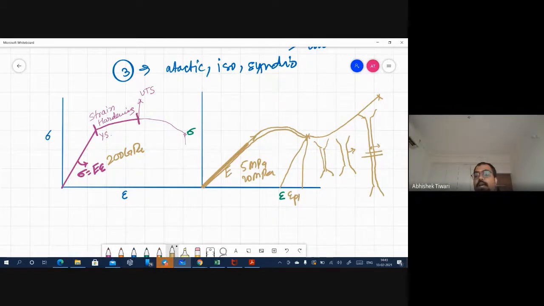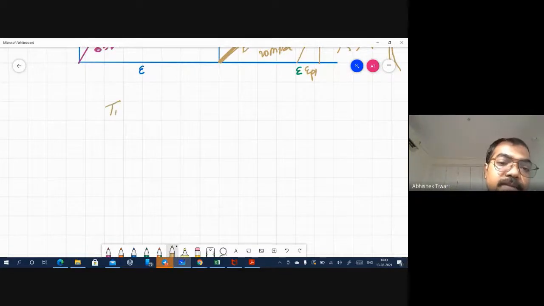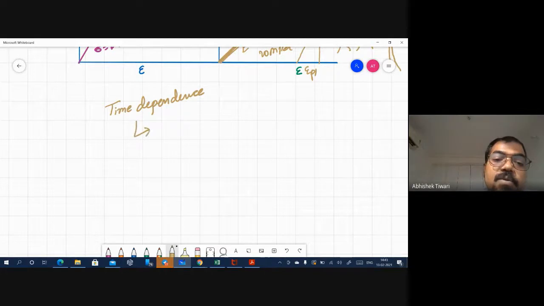So we can have a non-linear kind of elasticity in polymers, and we can have an elasticity which is time dependent. We will discuss how and why there is a time dependence in polymer deformation, and how we can understand that in easy terms. This kind of deformation is similar to creep deformation in metals, but also not quite equal to it, because creep is a permanent deformation.